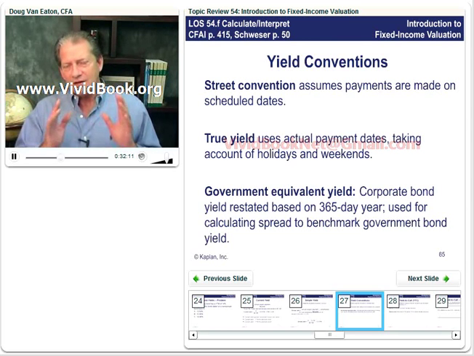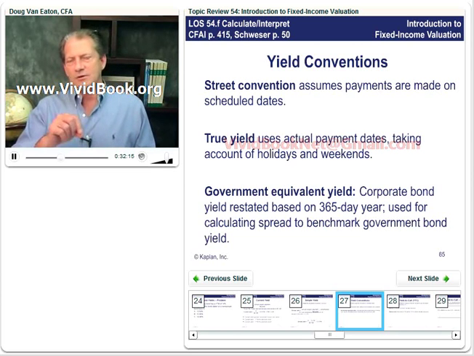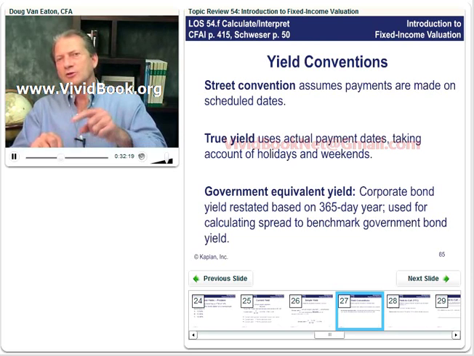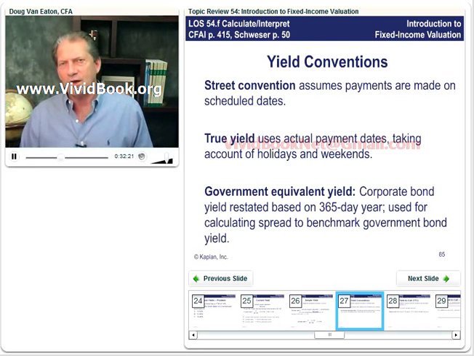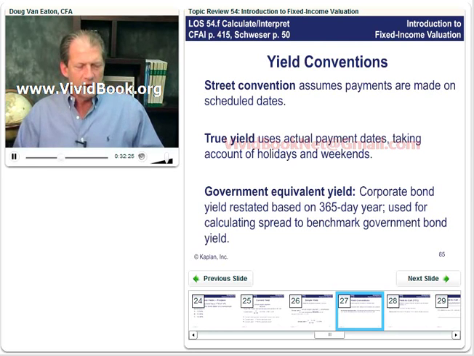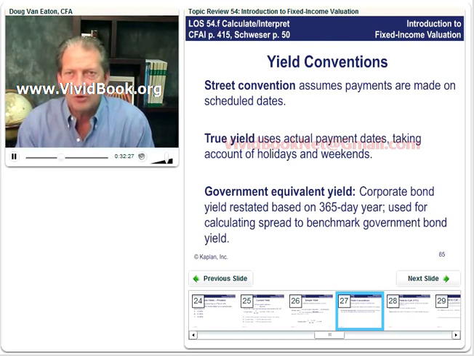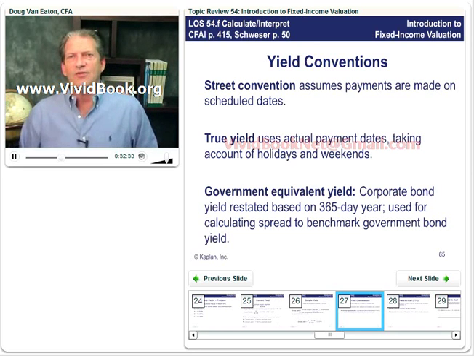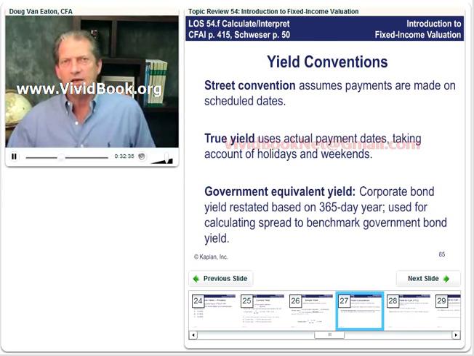So if we have this government bond yield curve that says a 5-year par bond has this sort of yield, and we want to measure relative to that for a corporate bond, adding some yield for a yield spread for lack of liquidity and credit risk, then we want to put them both on the same basis and use this 365-day year to get a government equivalent yield.